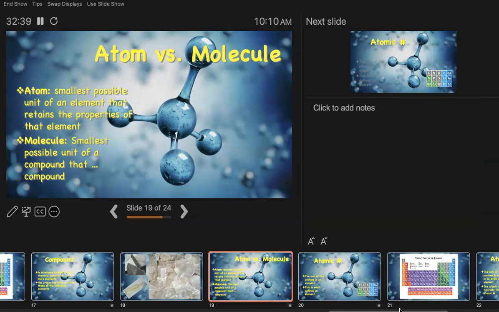So that's really the new vocabulary word here. It's essentially the same definition, and I wrote it that way on purpose. The only thing we're swapping out is instead of an element, it's of a compound. So a molecule is the smallest part of a compound that retains the properties of that compound. Like I said, exactly the same.